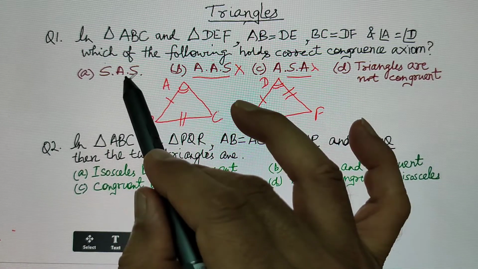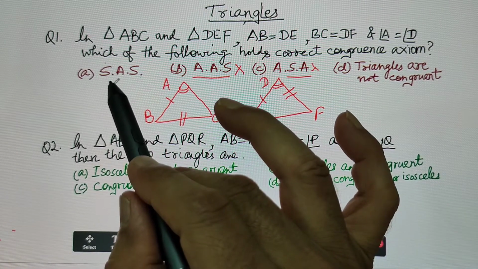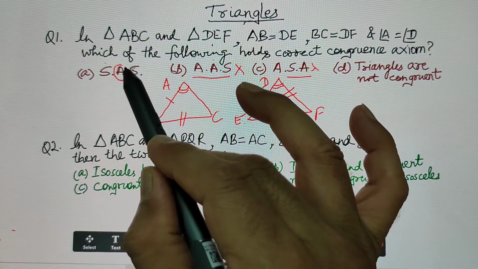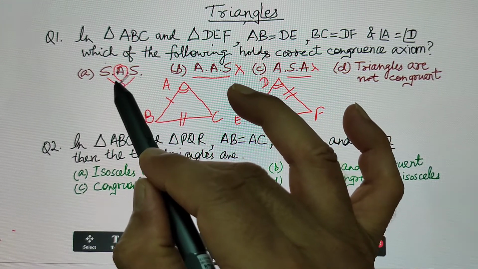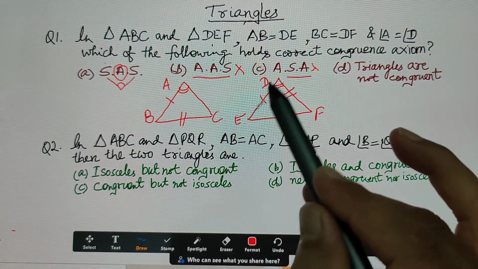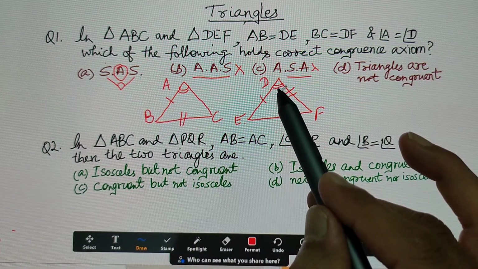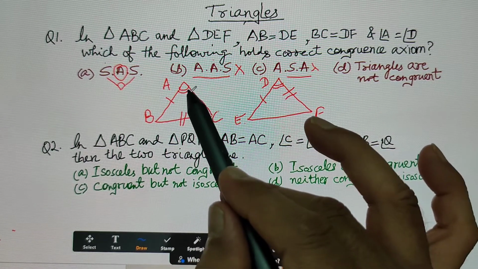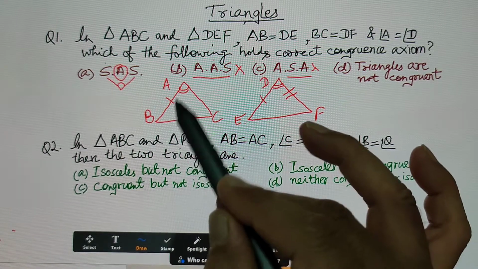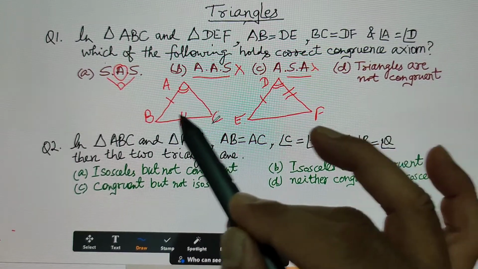Now for side angle side, if two triangles were to be congruent by side angle side, then we are going to have a common angle between the two sides. Here we are having two sides and angle D which is common, but angle A is not common between the two sides AB and BC.